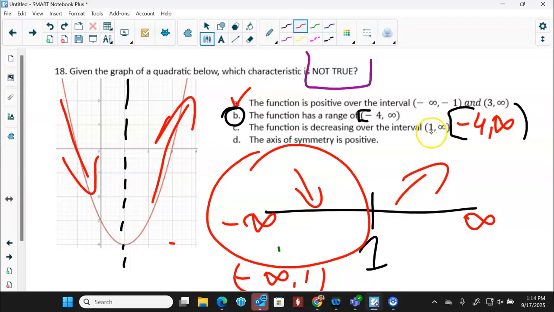And that is, let me see, not correct. Okay, so it looks like we might have, let me pause it for just a second to check. Oh, okay, so 2 of them are not correct. Okay, I got you. So 2 of them are not correct. Yes, both of them would not be correct, okay, because that would be an opposite. This is 1, so it's saying that it's decreasing here, okay? And then the axis of symmetry is positive, which is at 1 right here, which is correct answer. So B and C are not correct, okay? And this is correct, okay?